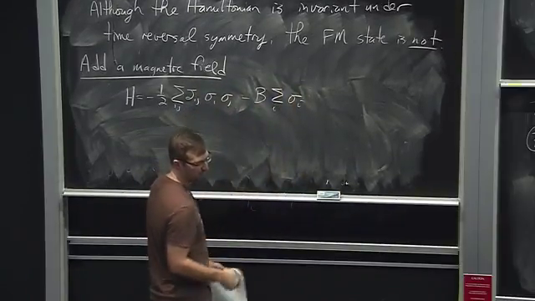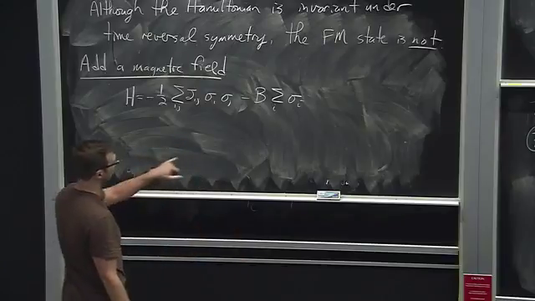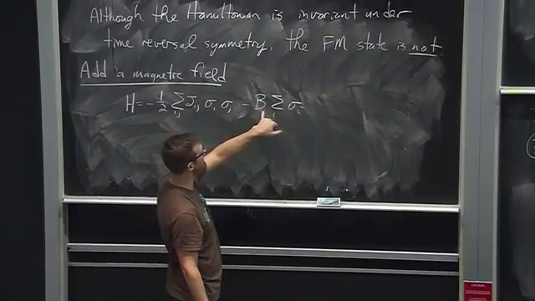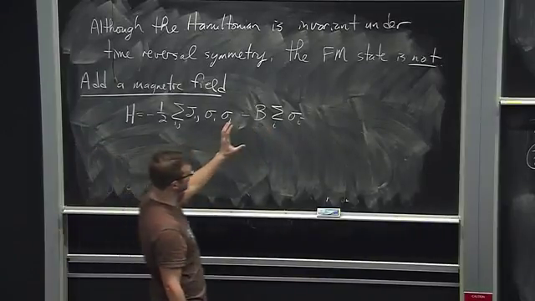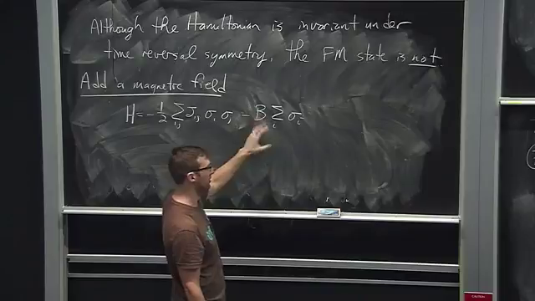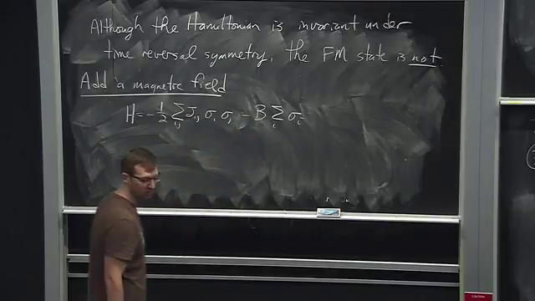So that B affects all spins equally. It's uniform. And this term, it's not an additional interaction between spins. This is an external field.